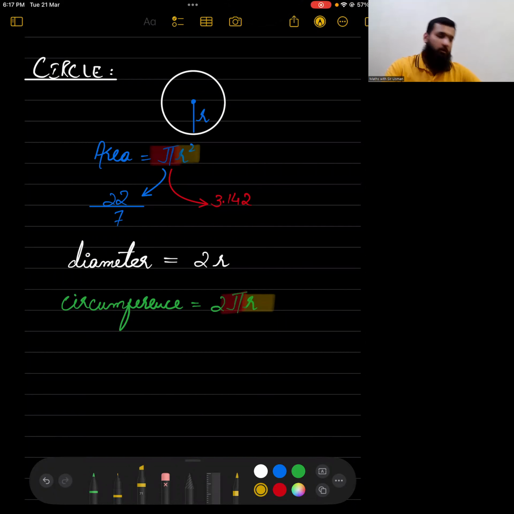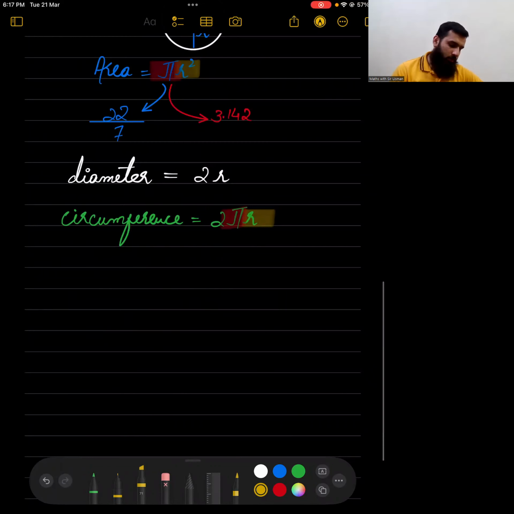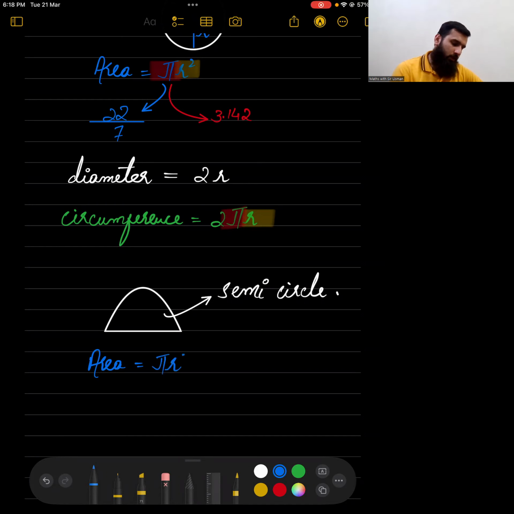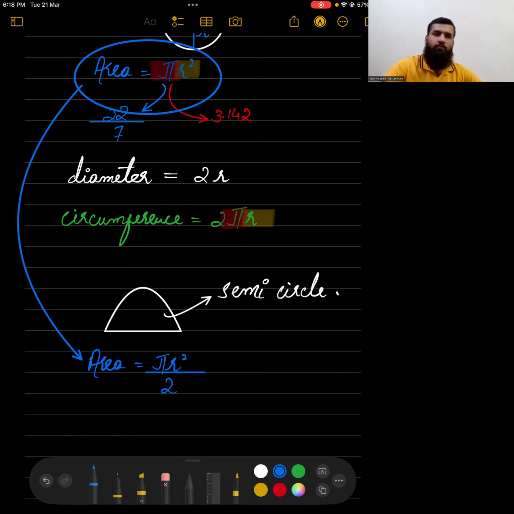So now moving forward, if I cut this circle into pieces, like I am trying to make half of this circle, this is called a semicircle, and this is actually half of the circle. Can anyone of you tell me the area for this half of the circle? It would be the exact same thing as the actual area, but since we are dealing with half of the circle, we'll divide the area by 2.